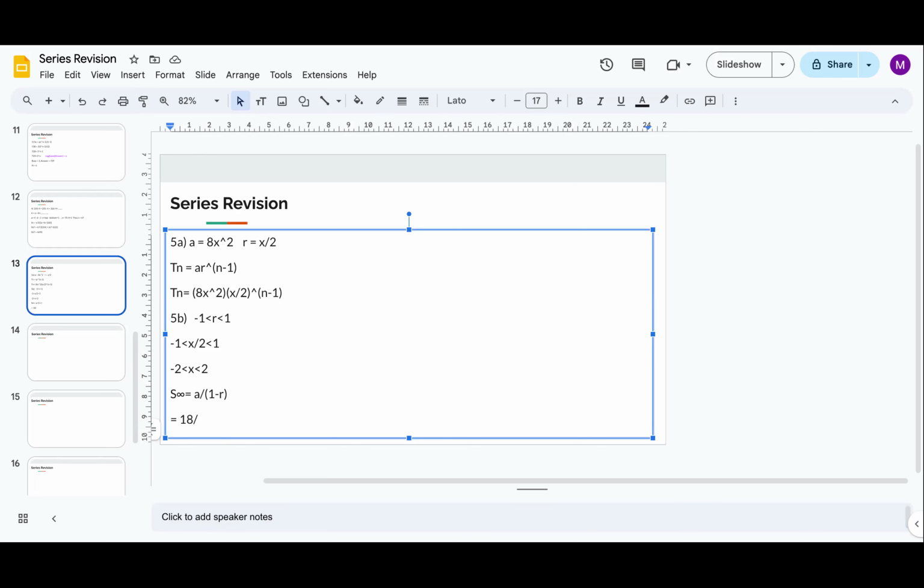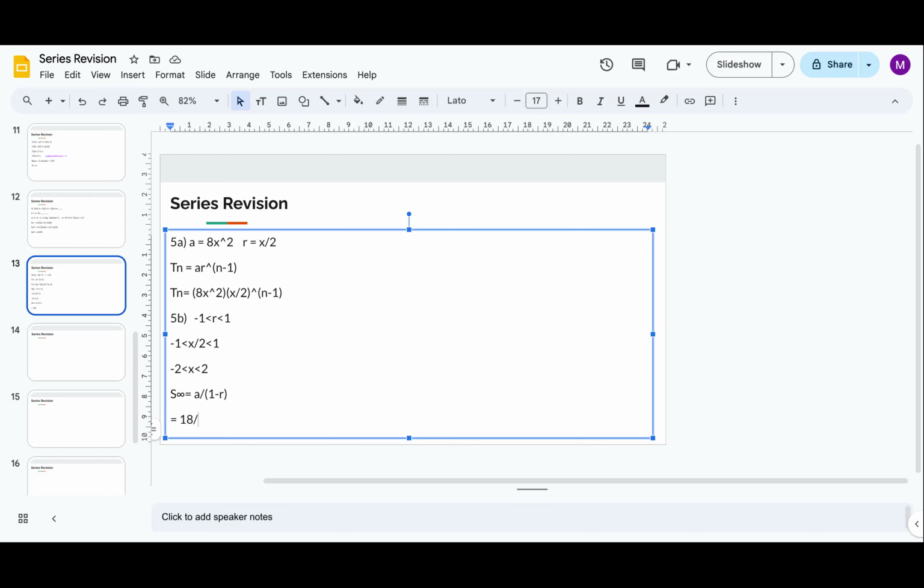So 1 minus 3 over 2 divided by 2, which is 3 over 4, will give me 1 over 4.